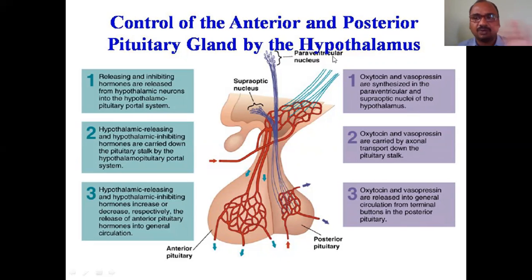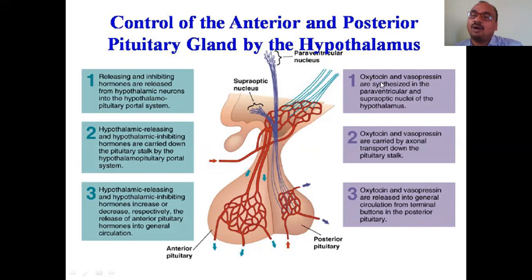You know that there are four ventricles in our brain. It is present parallel to the ventricle. That's why it is called the paraventricular nucleus. And also one more, you can see the junction part, the supraoptic nucleus. These two are very important. The supraoptic nucleus and paraventricular nucleus, both have neurons well supplied to the posterior pituitary gland.